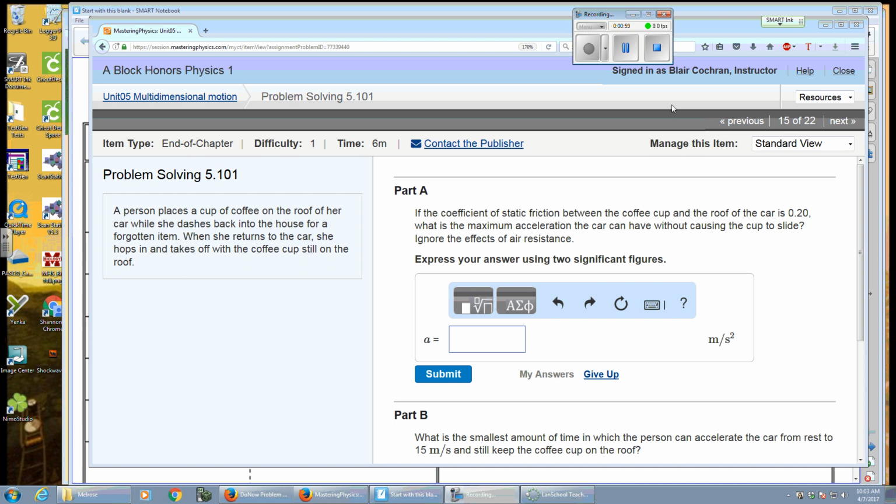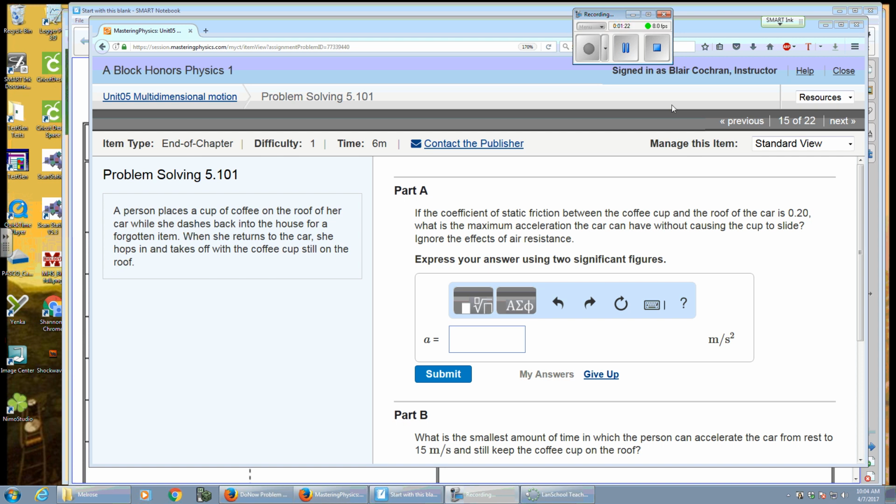It's 15. So this is one of the ones that you need both a force diagram and some words. So this would fall under the forces and other concepts rubric when you're taking the test next week.